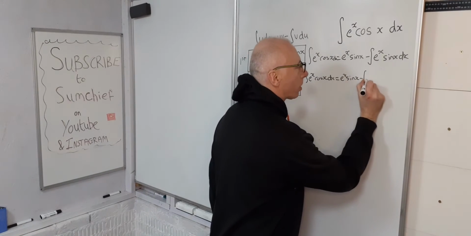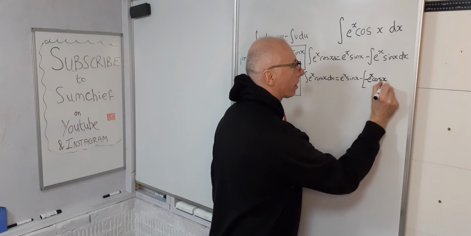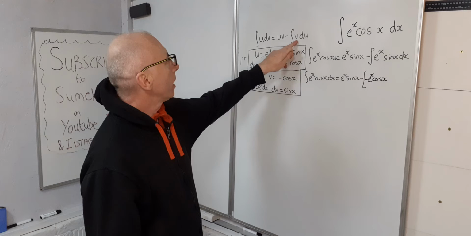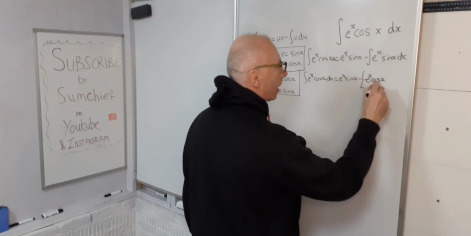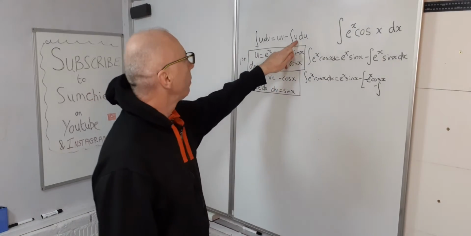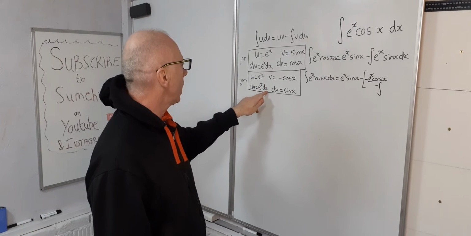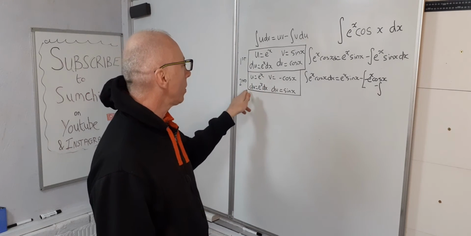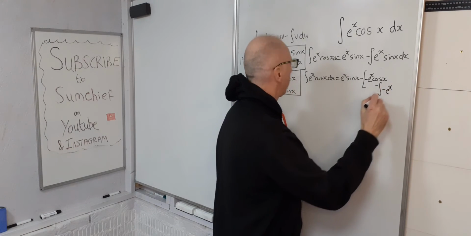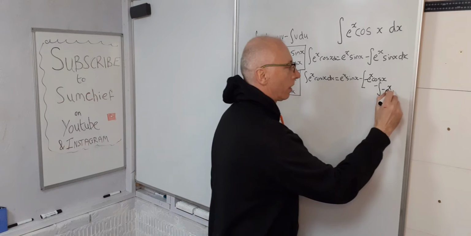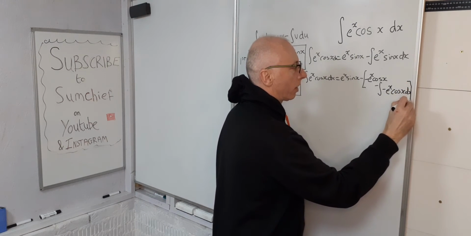So let's not get mixed up with this minus sign. And then again another integral. So minus the integral of v times du, which is minus cosine x e to the x dx. So again, I'm just going to bring the minus out to the front and the e to the x out to the front. So minus e to the x cosine x dx. And again, closing off the bracket.